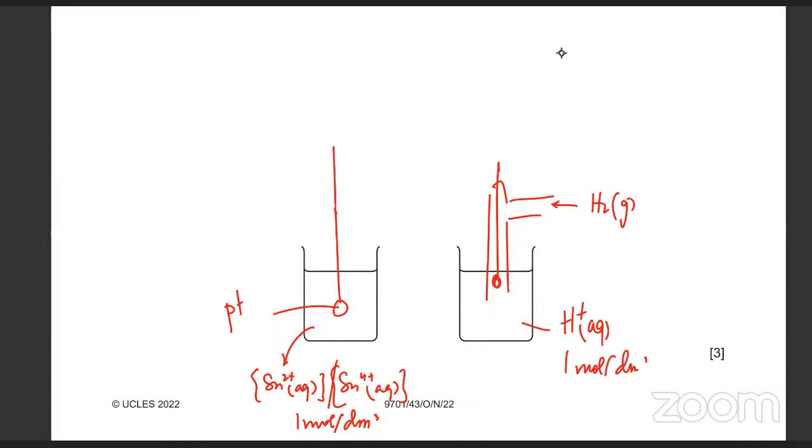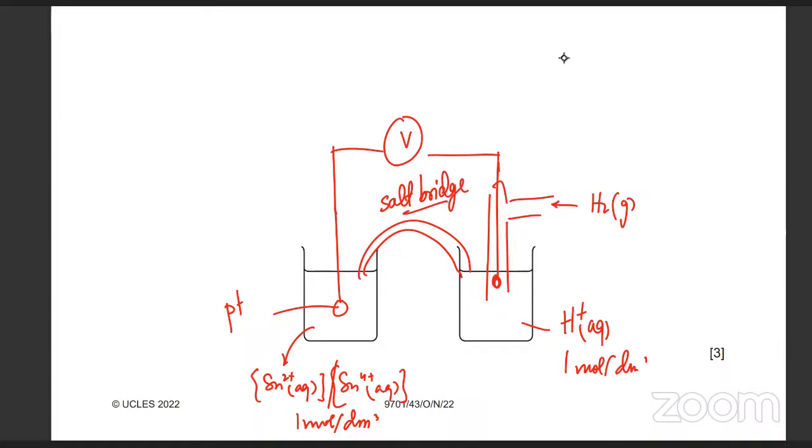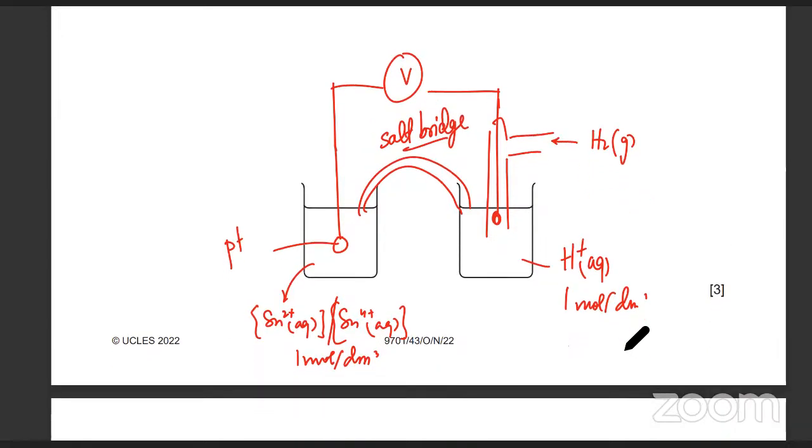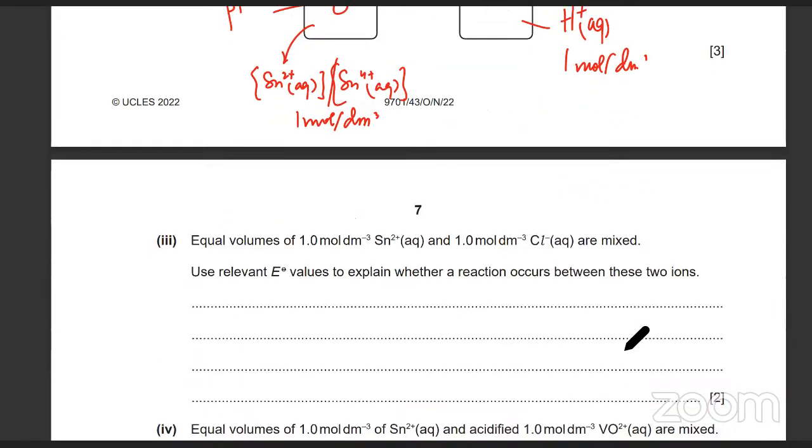You're going to connect them together with a voltmeter. And there's one thing that's missing, and that's the salt bridge. Sir, if we have a solid in our experiment, do we also write 1 mole per dm cube for it? A solid doesn't have 1 mole. Mole per dm cube only applies to concentrated solutions, so not for solids.